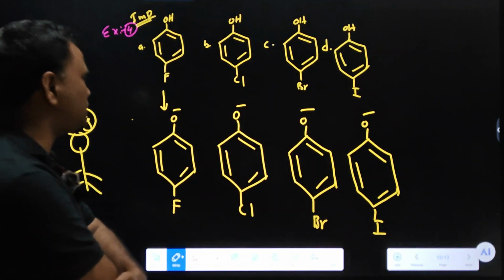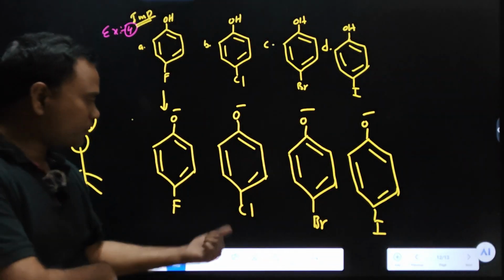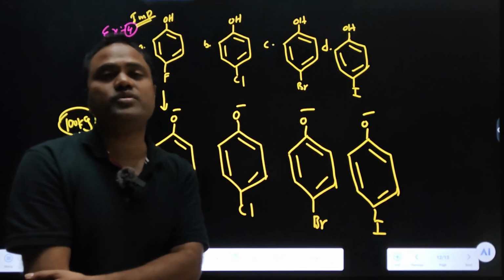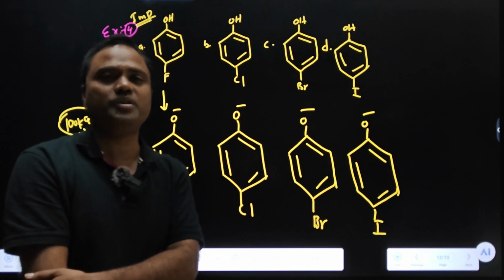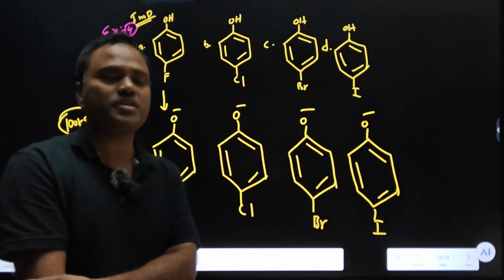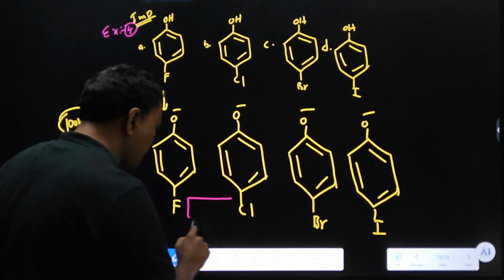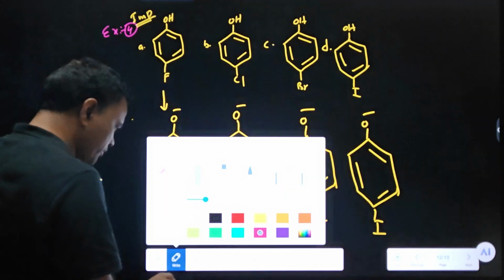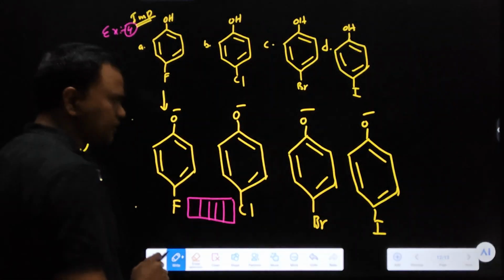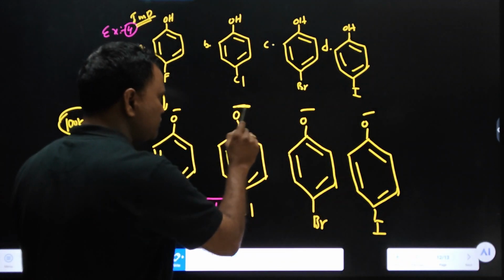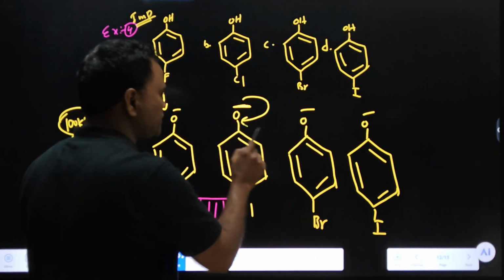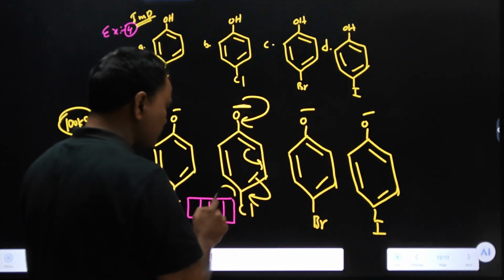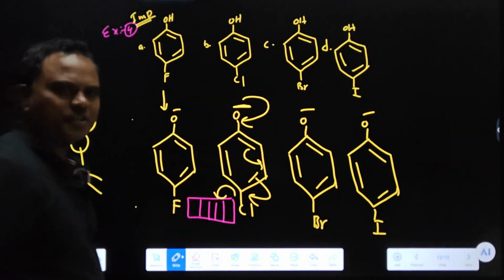That's why fluorine won't take those electrons. But chlorine belongs to which period? Third period. In the third period, vacant d orbitals are present. So I am writing vacant d orbitals here. These are vacant d orbitals. So chlorine will take the electrons. See, due to resonance, this negative charge enters into the ring and enters into the vacant d orbitals.